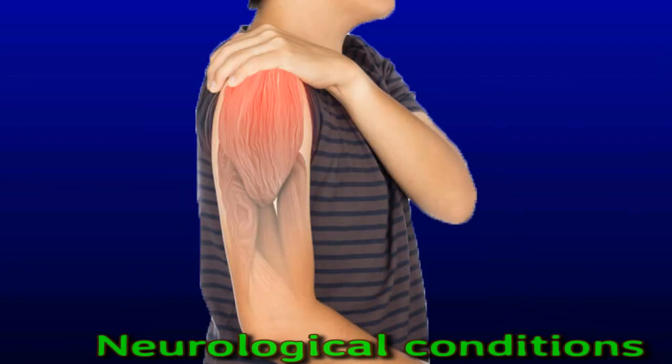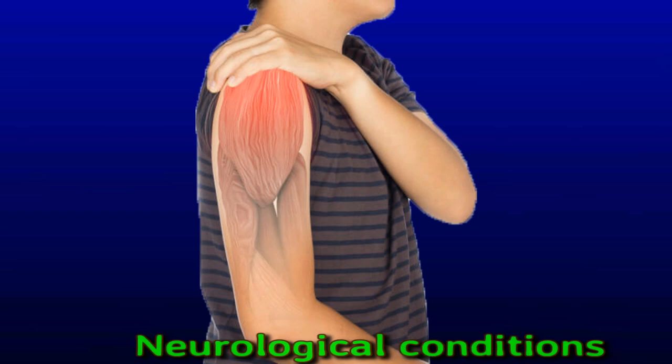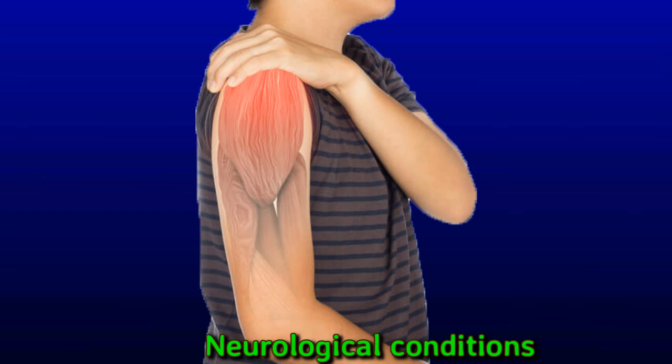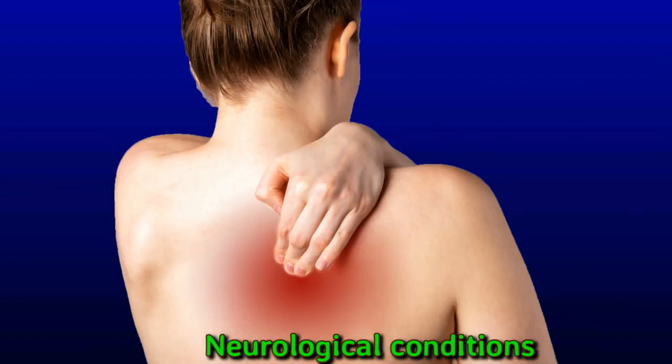Guillain-Barré syndrome. This rare neurological disorder can cause mild to severe muscle weakness. Botulism. Botulism is a rare condition that occurs due to exposure to botulinum toxin. It causes progressive muscle weakness.